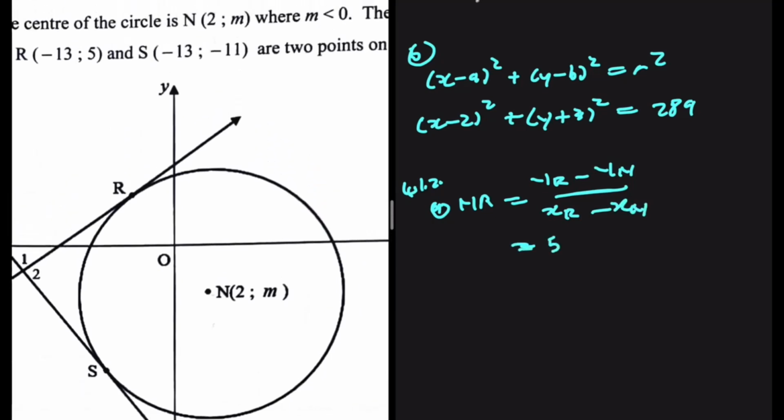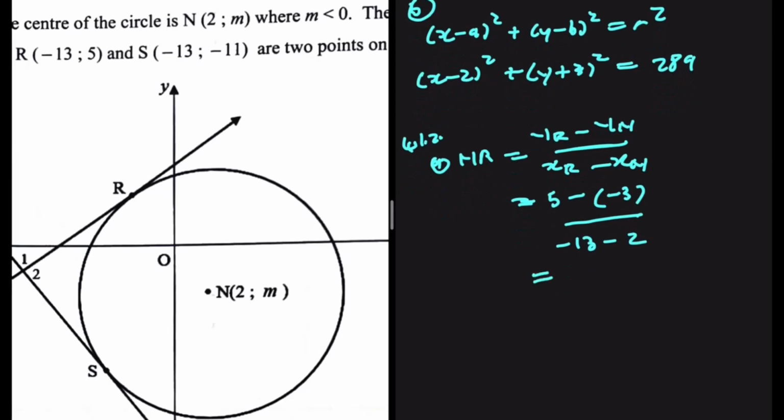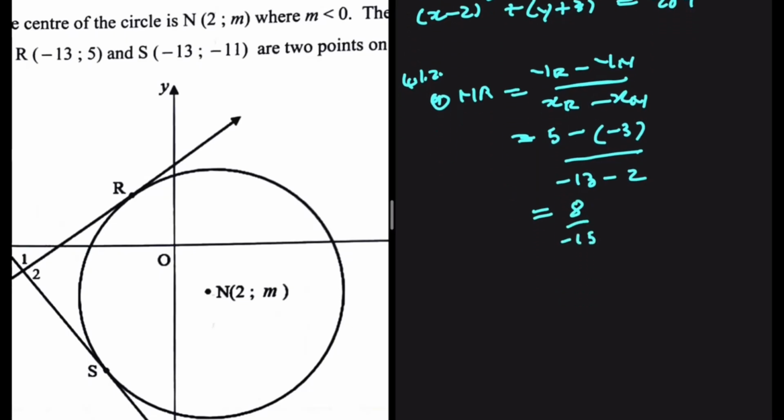That is 5. And y of N is the value of m, which is minus 3. Everything divided by x of R, which is minus 13, minus x of N, which is 2. NR is equal to 8 divided by minus 15. And just like that, we have the gradient of NR.